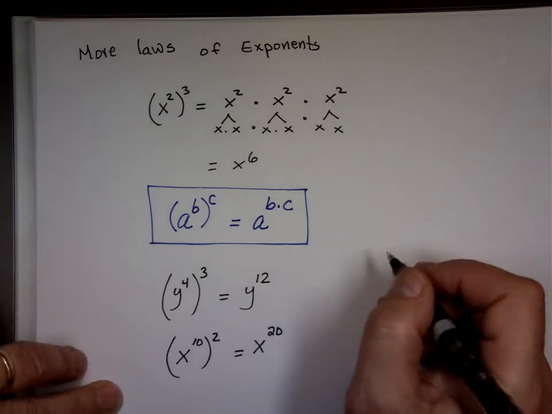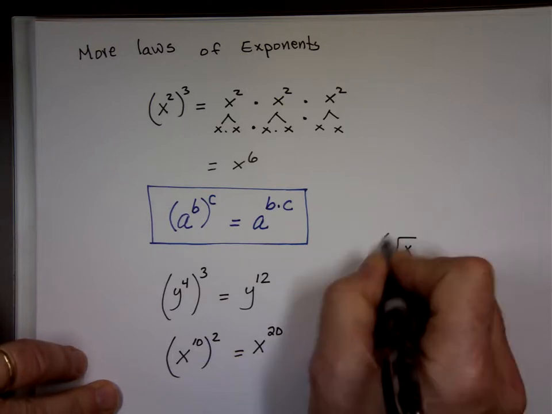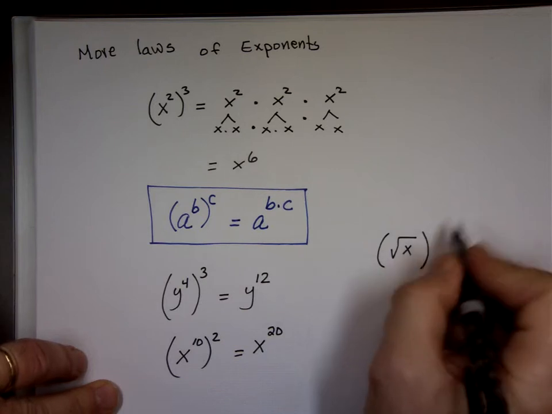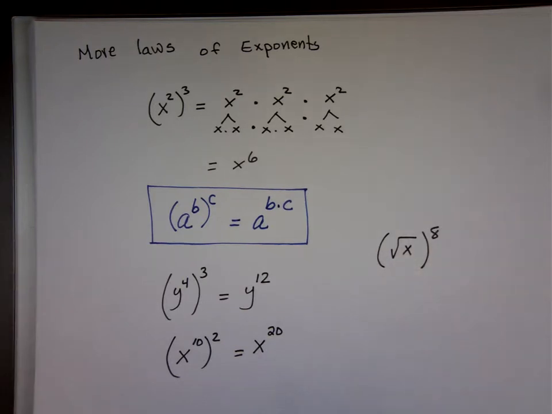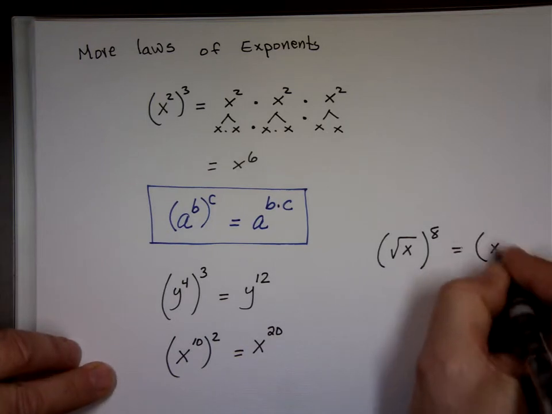Let me have a little fun with it. Square root of x to the power of 8. We see stuff like this all the time, and I don't know what that means. Well, the square root of x means x to the power of 1/2.